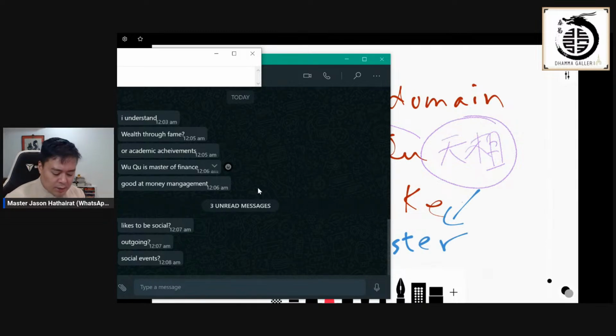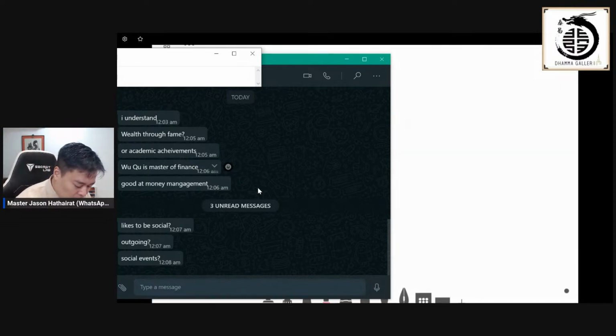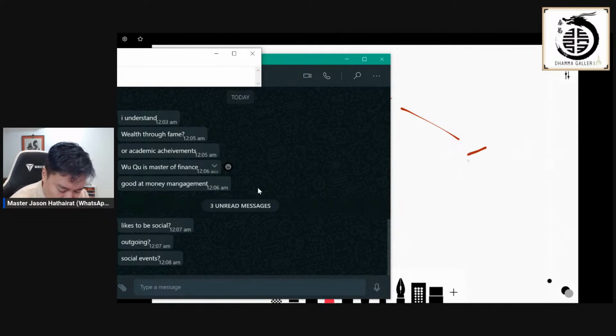And usually when 天相 is found in the wealth domain, because this person has 紫微 at the life domain, I mentioned before 紫微 is best to have 天府 and 天相.